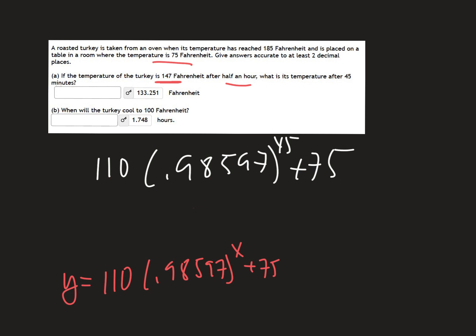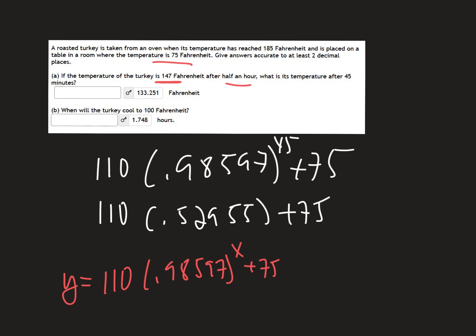If you're going to use your phone, here's what I would do. I would type in that number if it's not already on your screen, and raise it to the 45 power first. Mine's still on my screen, so I'm going to raise that to the 45th power. That gives me 110 times 0.52955 with a bunch of other decimal places.